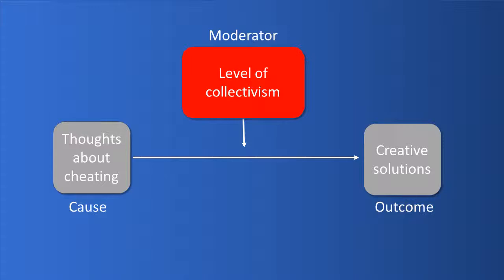Although this reasoning is not particularly solid, in your research you could measure and assess thoughts about cheating, the creativity of individuals and the nation in which they live. And ultimately this study would identify instances in which thoughts about cheating don't enhance creativity or do enhance creativity.